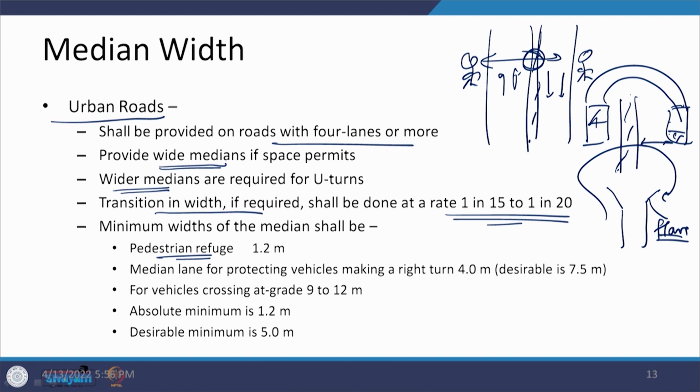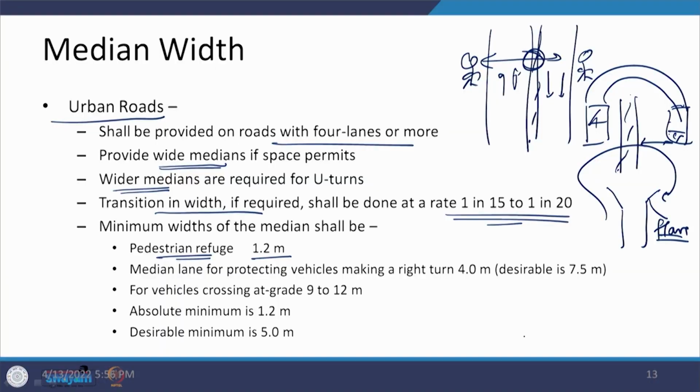First of all they cross one side and then they stand there, check whether it is safe enough to cross further, and they cross again. This space, if provided, is known as a pedestrian refuge, which should be a minimum 1.2 meters wide. Median lane for protecting vehicles making a right turn is 4 meters and desirably 7.5 meters.